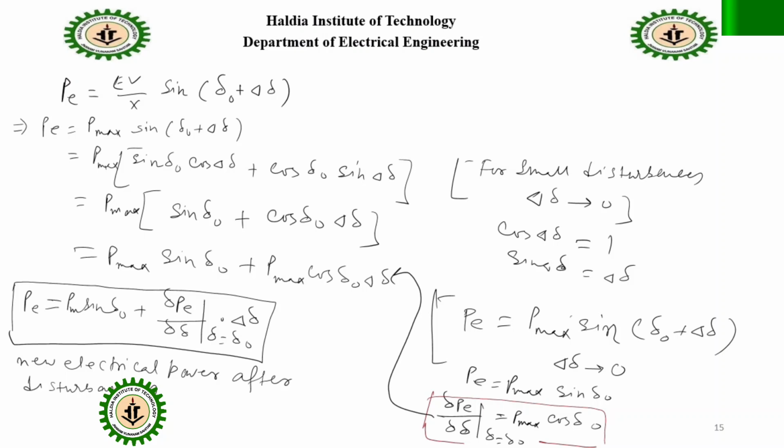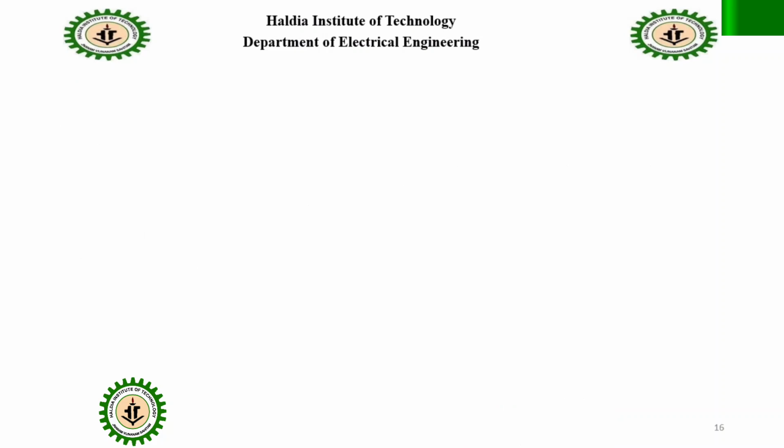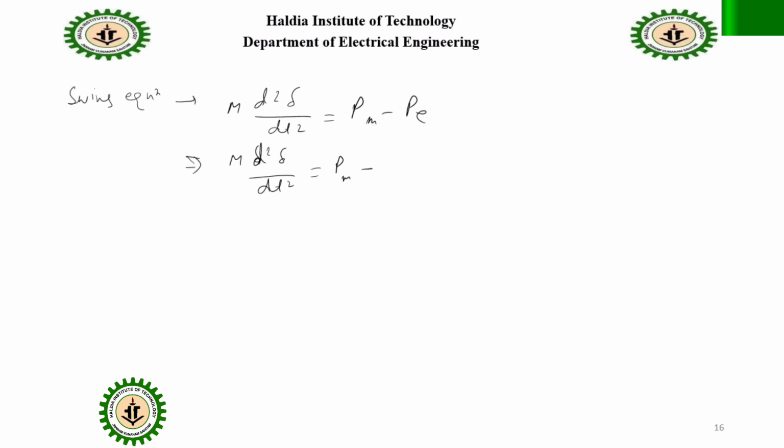So again, showing the equation M d²δ/dt² is equal to Pm minus Pe. From the previous slide, I am just substituting the value of Pe.